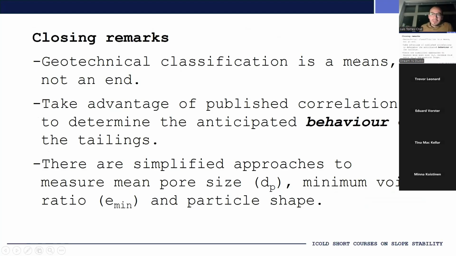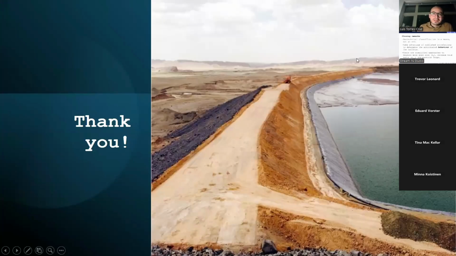By behavior, we mean, of course, the engineering behavior. And lastly, that there are simplified approaches to measure mean pore size, minimum void ratio, and particle shape. Right, and with that I close, and I thank you for your attention. Hopefully I'm on time.